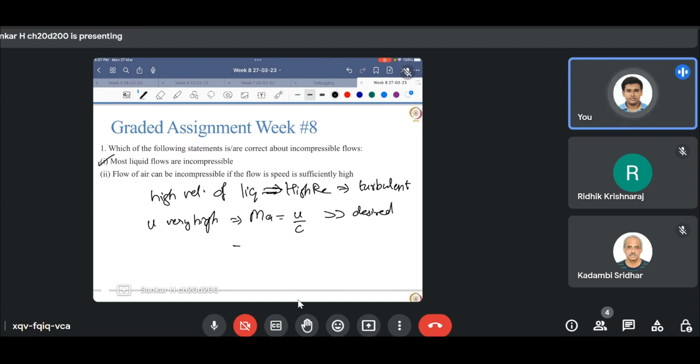A high Mach number means that we'll be dealing with a compressible flow, as we have seen in our last week's lectures. Therefore, option 2 is wrong. We cannot say that the flow of air is incompressible if the flow speed is sufficiently high. It is compressible if the speed is high. All these compressibilities are based just on the velocity of the flow in that particular medium.